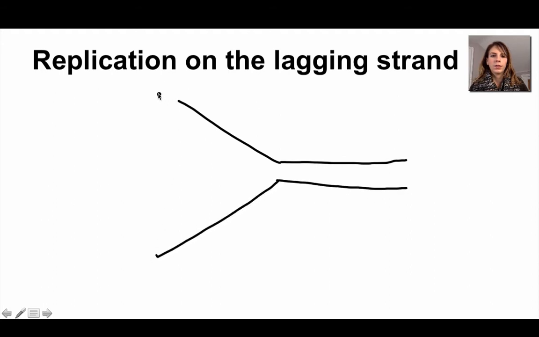Okay, so we said that we've got, and I'm just going to make this a little longer. And what I have to do is, because of the way that DNA polymerase III is synthesizing some and then jumping back to the fork, this strand is going to get made discontinuously in pieces.